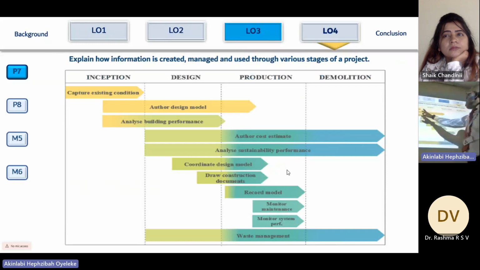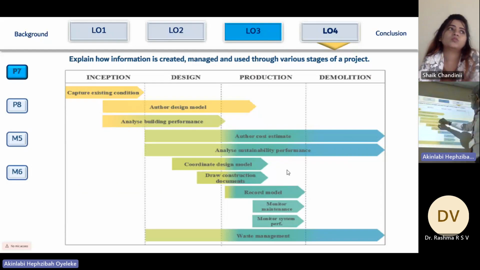In the design stage, the model author can design, and the building performance is also being analyzed. This also continues into the production stage. The model author can estimate from the design stage the value of the asset up to the demolition stage. This information is available.